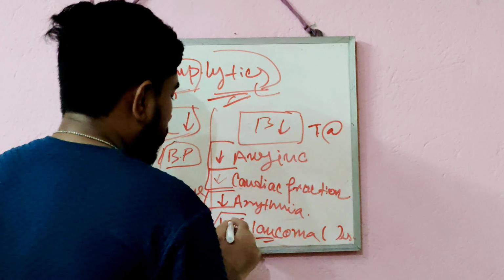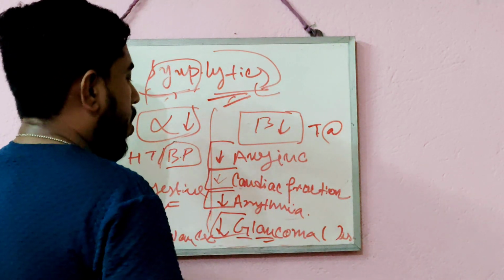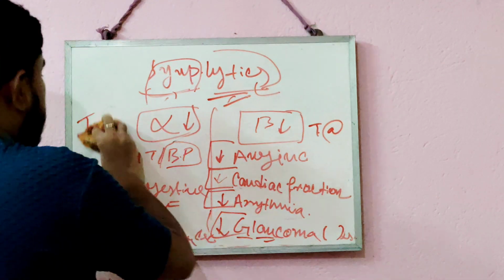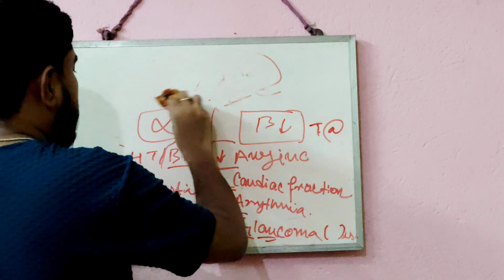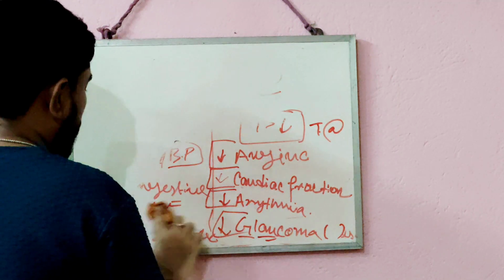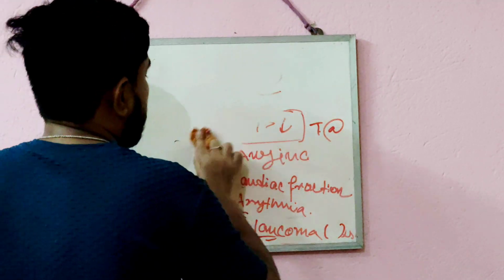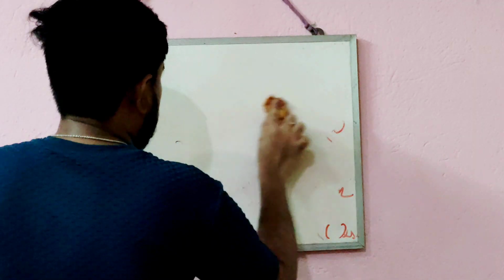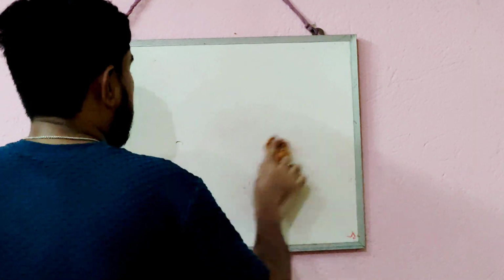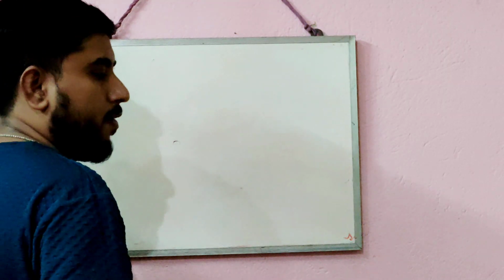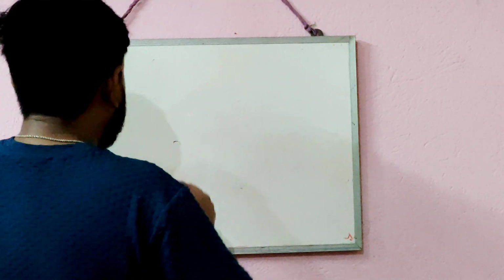They can also be used to treat glaucoma and help decrease eye diseases, so that the eye can work very well and you can see everything. So I have discussed the therapeutic effects of alpha and beta blockers. Now we are going to discuss different examples.